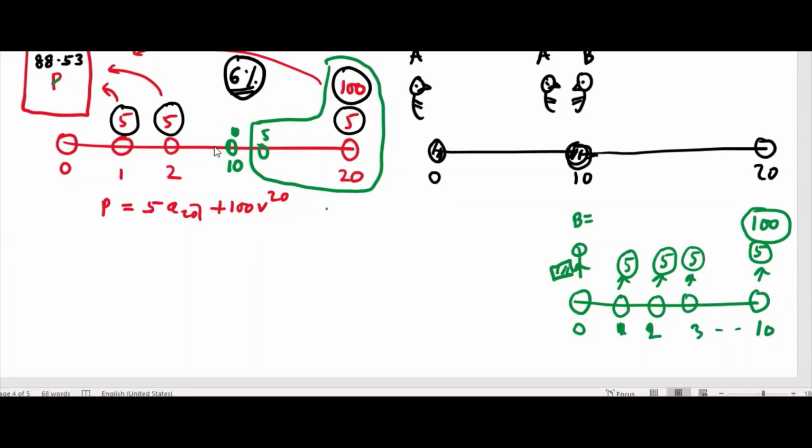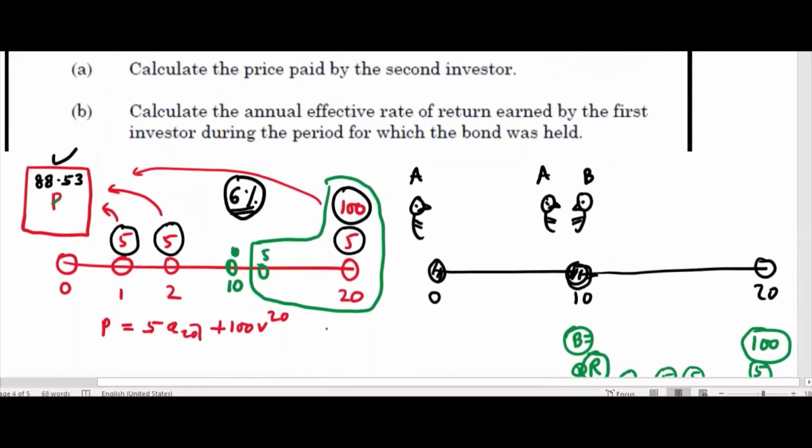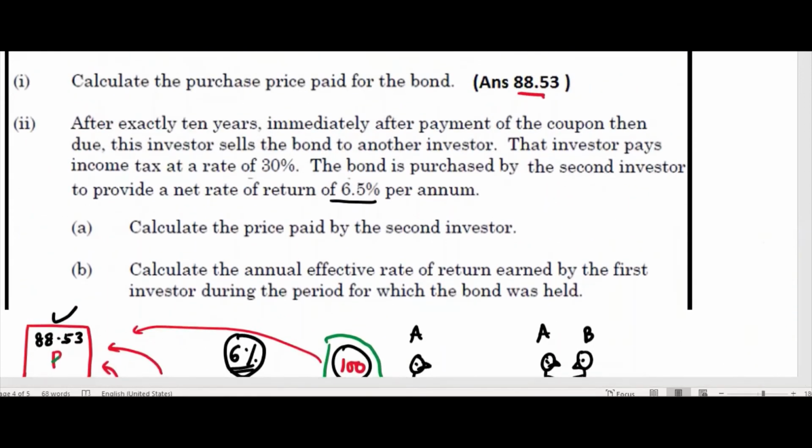Now B wants a yield of 6.5% for these 10 years, so he is calculating the price. Suppose the price at which B is ready to purchase is R, or P1, whatever you want to write. But B thinks that 6.5% is what he should get from this kind of purchase from A. So you see here, net return 6.5%, but he is paying income tax of 30%.